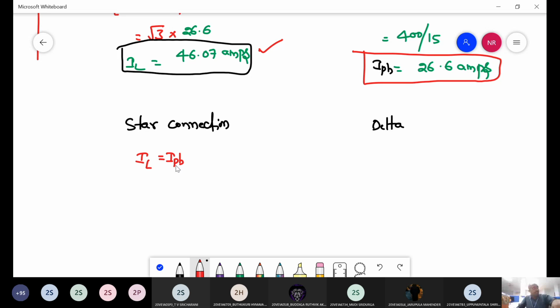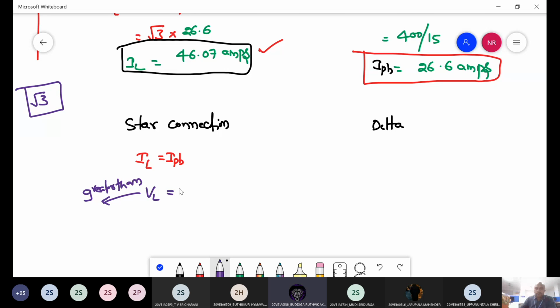If the current is the same, then voltage must be different. So VL is different, by a factor of root 3, either multiplied or divided by root 3. So VL is always greater than V phase.